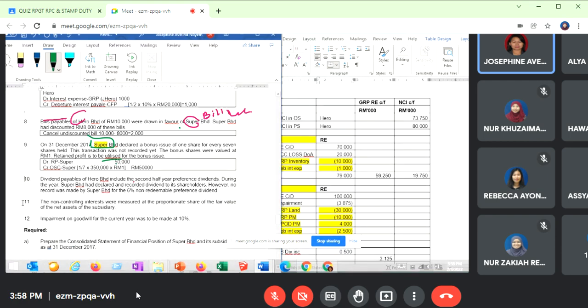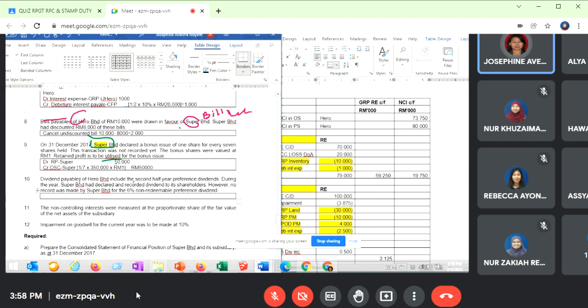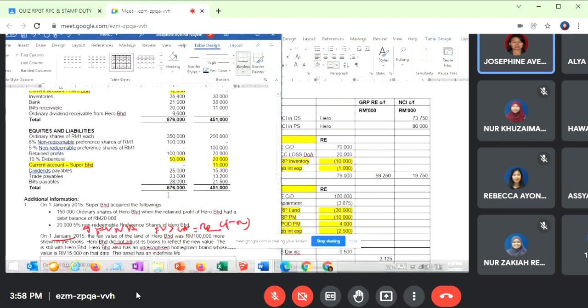We're almost coming to the end. Dividends payable of Hero include the second half preference dividend. So if you go to the question, you can see this dividends payable here.